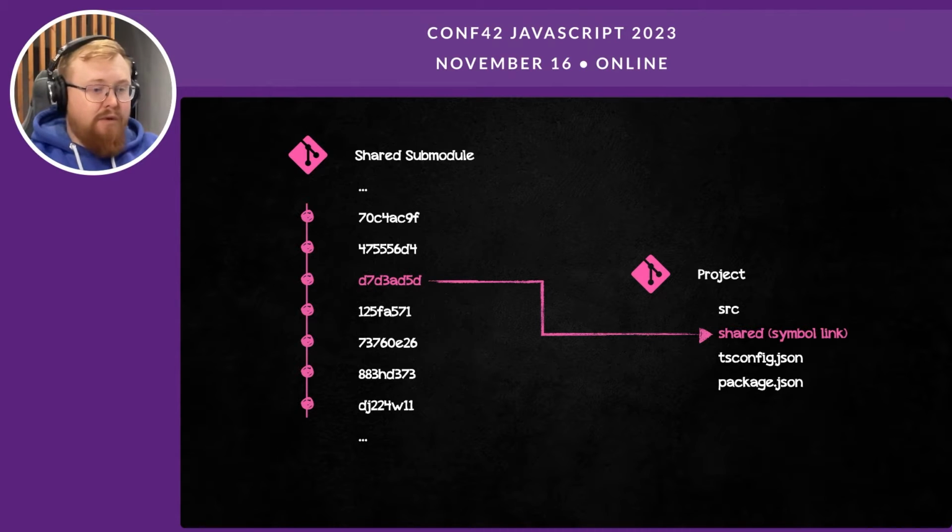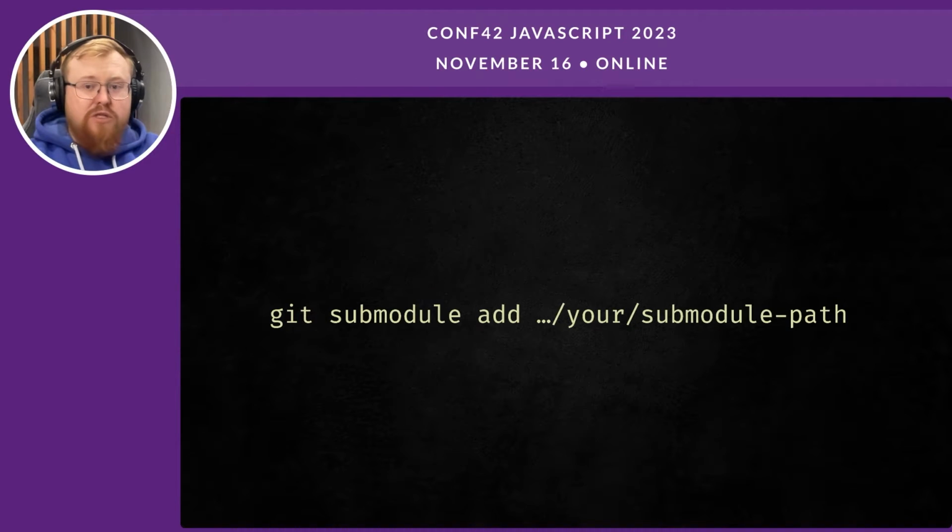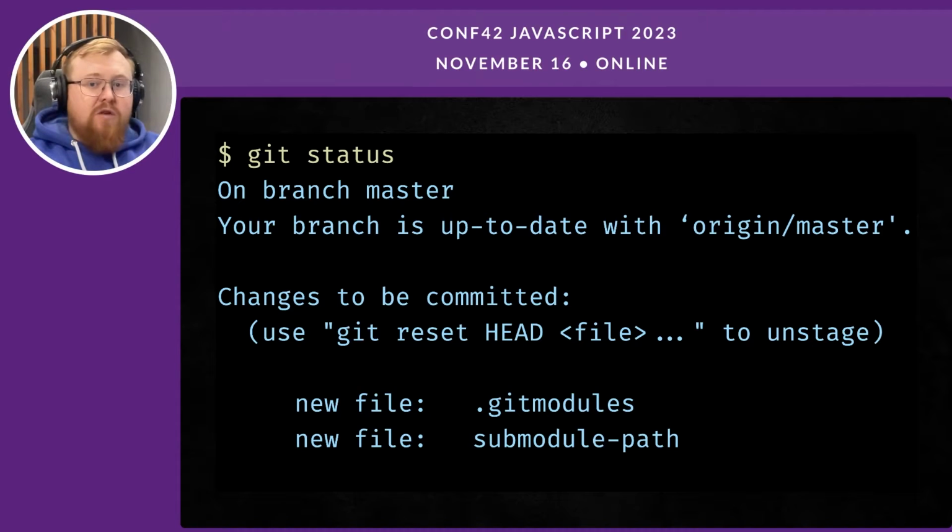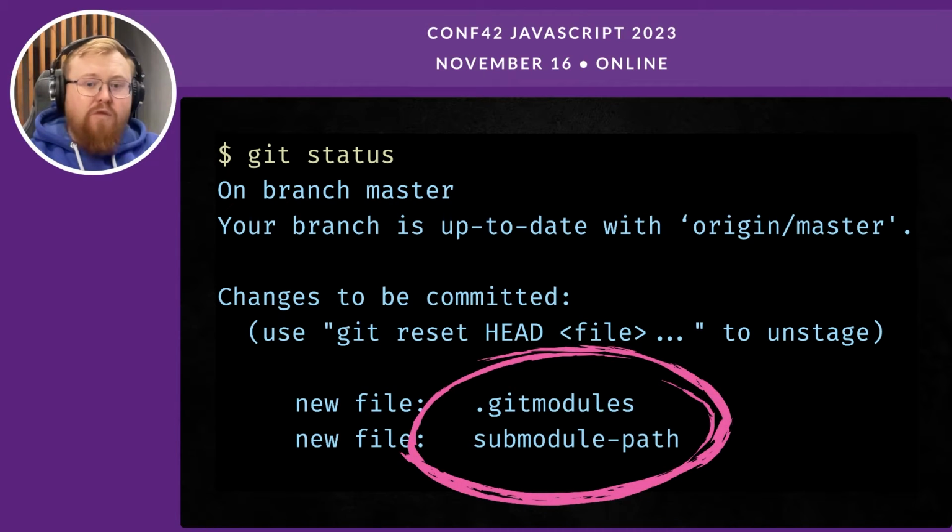Let's look at how we can do it. To add a submodule to the project, you need to execute the following command: git submodule add and specify the URL of your shared repository. After running the command, you can check the status of your project, and you will see the following. So, we can see that two files have been added. First, the Git submodule configuration file, .gitmodules, where all the submodules used in the application will be listed.